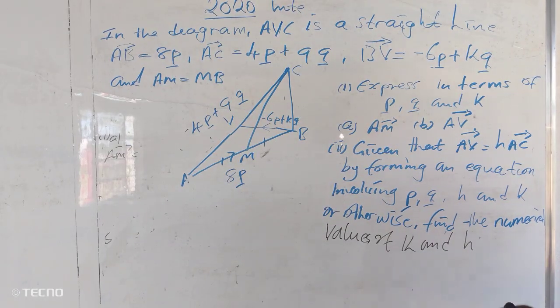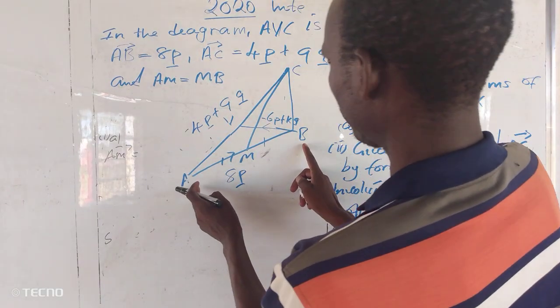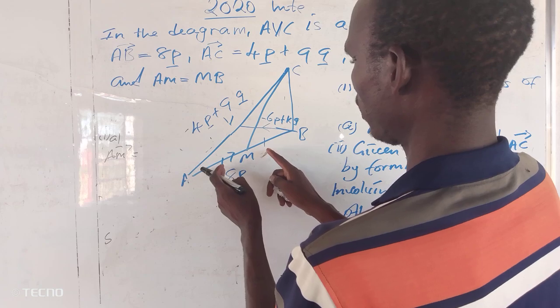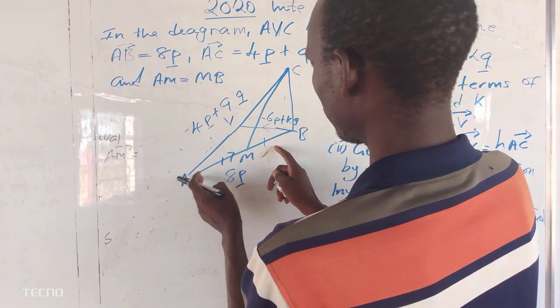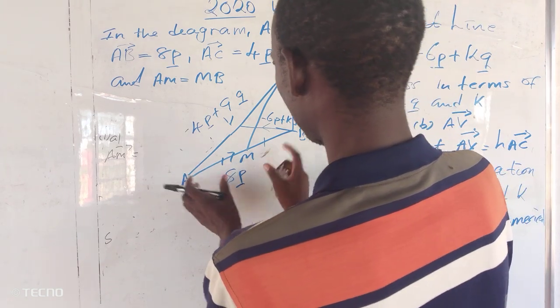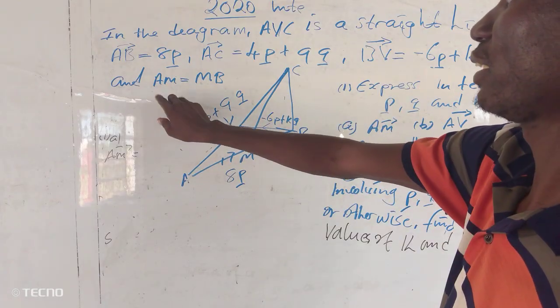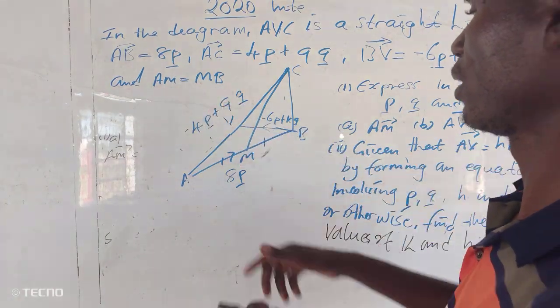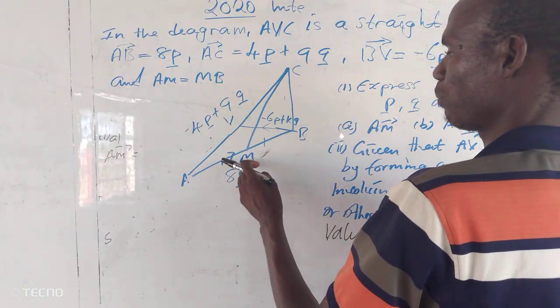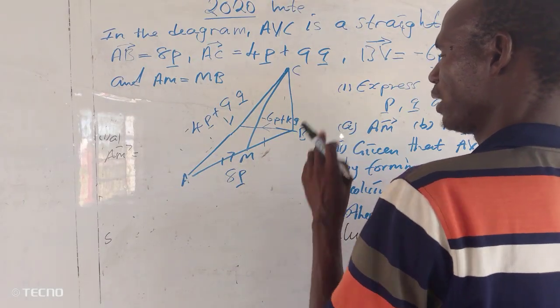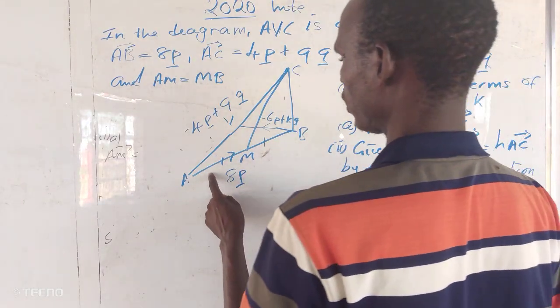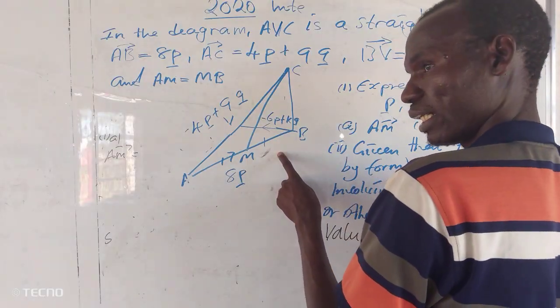For vector AM, this line is being divided into two equal parts. We check the statement, which says AM is equal to MB, meaning the distance of AM and MB is the same. If here it is 2, there it is also 2.